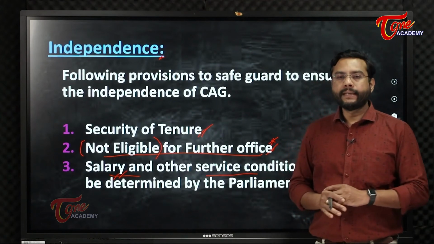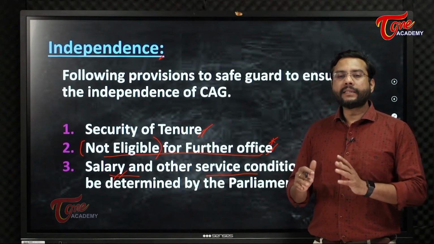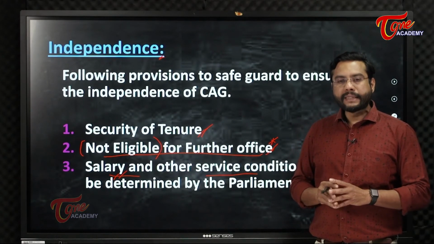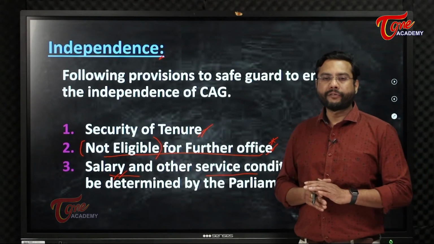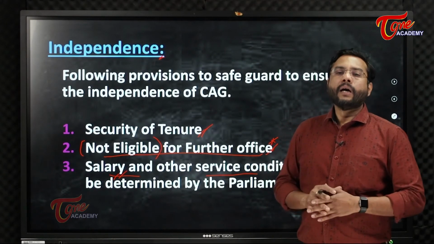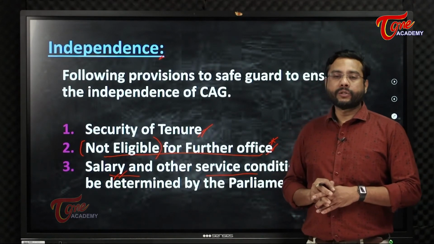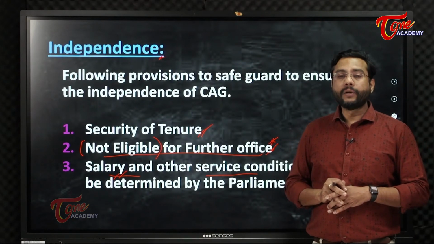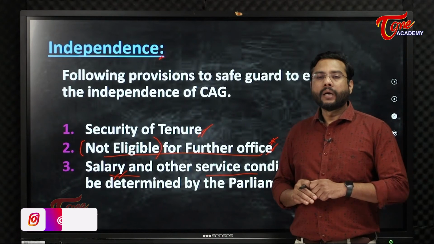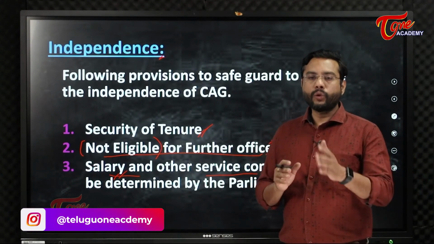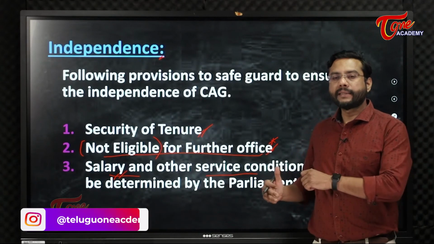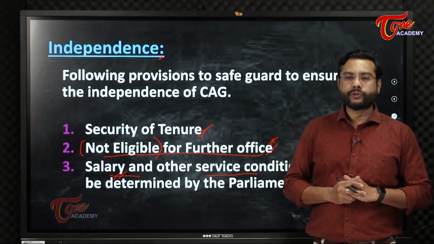And one important thing here is that the salaries are charged on the Consolidated Fund of India. When we say charged on the Consolidated Fund of India, anything related to the salaries and other emoluments or expenditures of the CAG is not voted on in the parliament. There is no chance of debating or voting in the parliament regarding the salaries of such constitutional dignitaries.